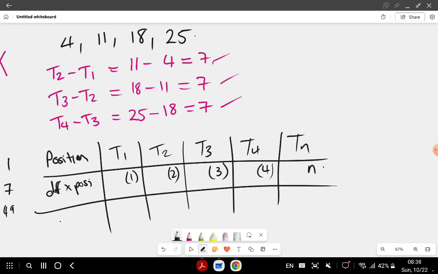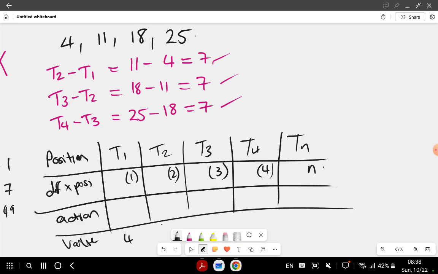Then I say action. And lastly, I say value. So here I've got 4, 11, 18, 25. My difference is 7, 7, 7, 7, 7.